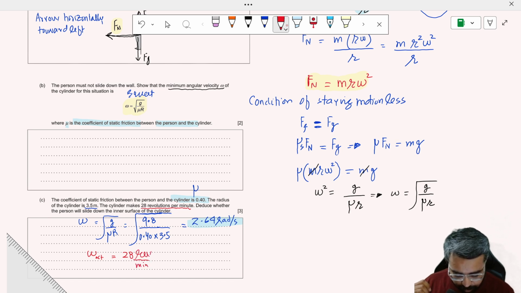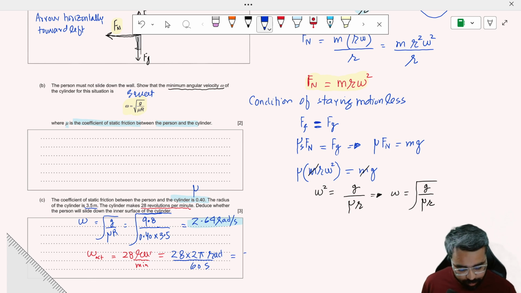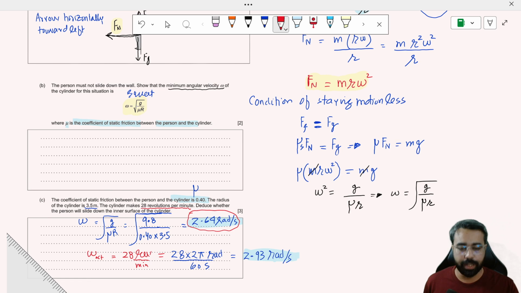Dear students, one revolution is 2 pi radians, in degrees 360, so it is 28 times 2 pi radians divided by 60 seconds. Its answer is 2.93 radians per second. Of course, the actual angular speed is more than the minimum required 2.64, which means the passenger will stay motionless.